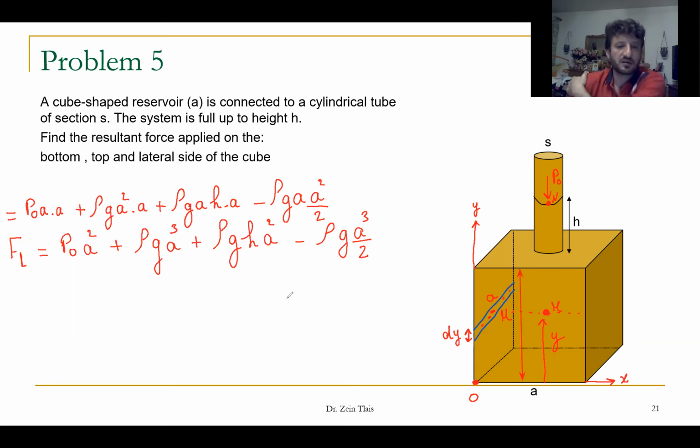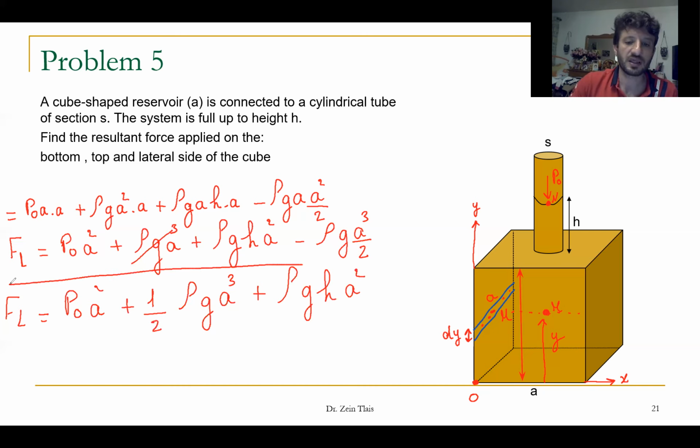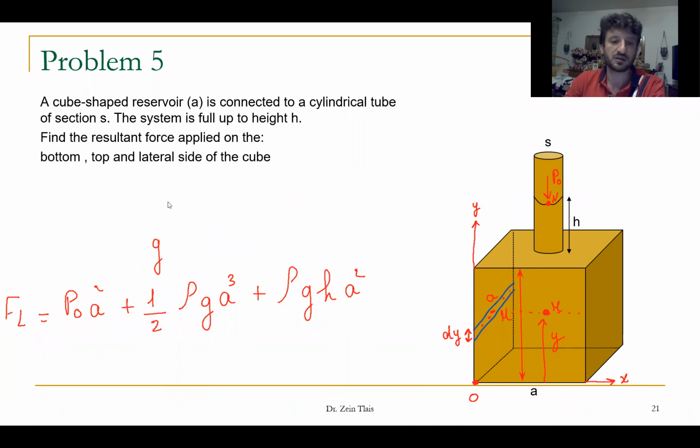We can eliminate this one and this one. We get here P0 A square plus half rho G A cube plus rho G H A square. This is the value of F lateral.